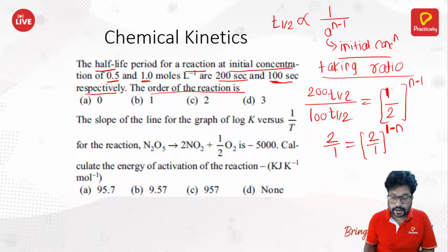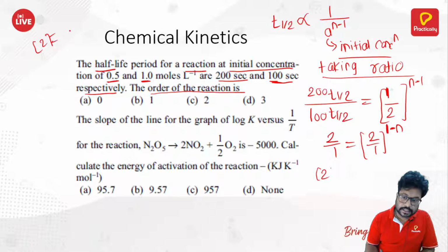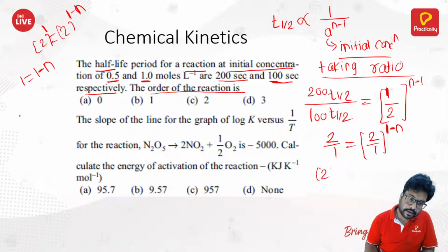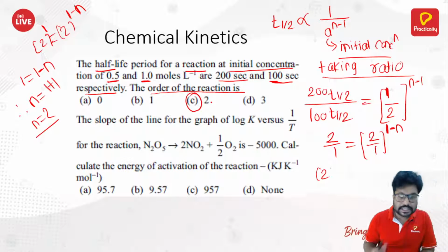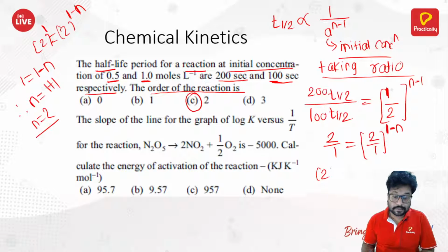So 2 is equal to 2 raised to 1 minus n. Now 2 is 2 raised to 1, so 1 is equal to 1 minus n. Sending n to that side, n is equal to 1 plus 1, and that is why n is 2. That means this reaction is of second order, and therefore option C is the correct answer.